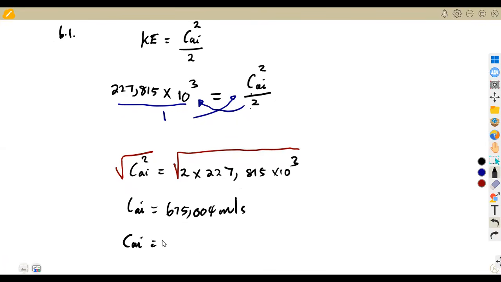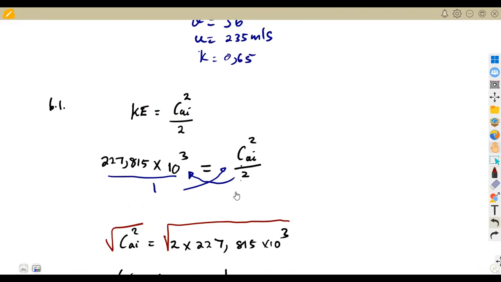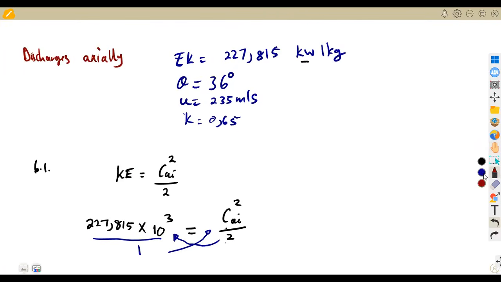So this approximates to 675 meters per second, since the 0 cannot change the 5. That's the approximation we're going to take for our inlet velocity. So on the information that we are given here, we can also add the absolute inlet velocity of 675 meters per second.